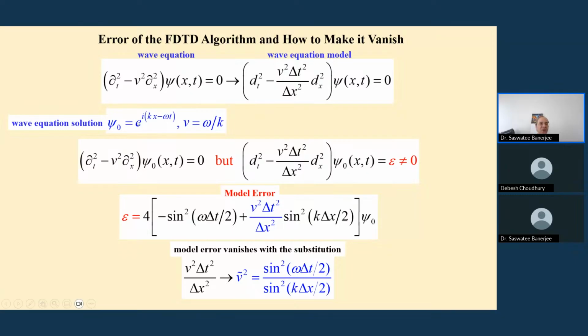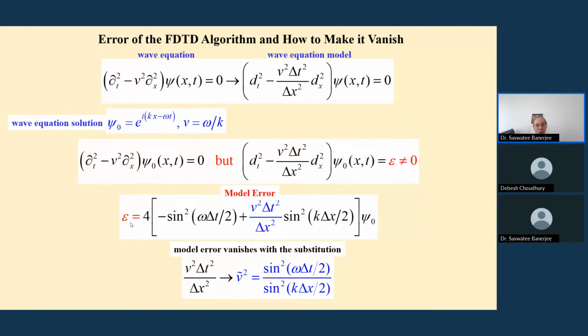Here is an exact solution to the differential wave equation, and if we put it in, it's 0. We put this ψ0 into the wave equation, and it vanishes. But we put this analytic solution into the difference equation, and it does not vanish. And this is the error that we get.